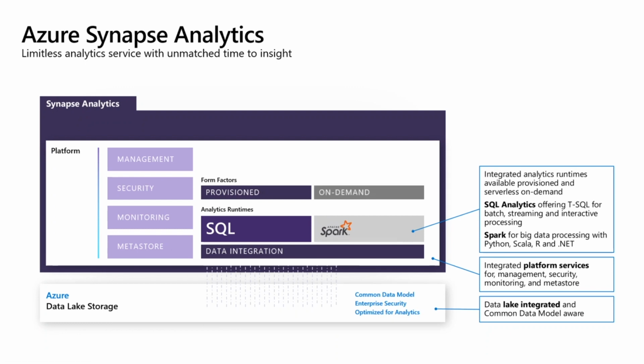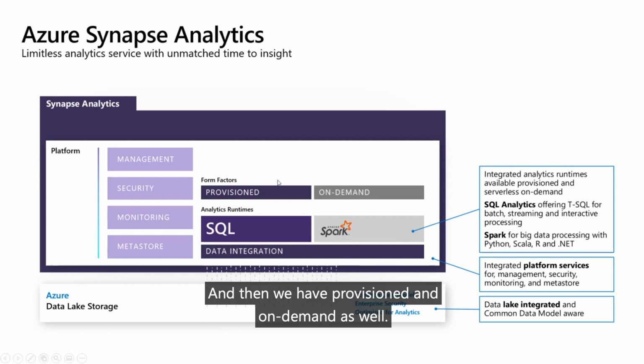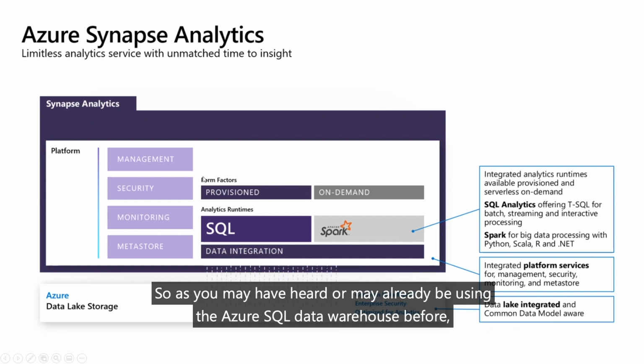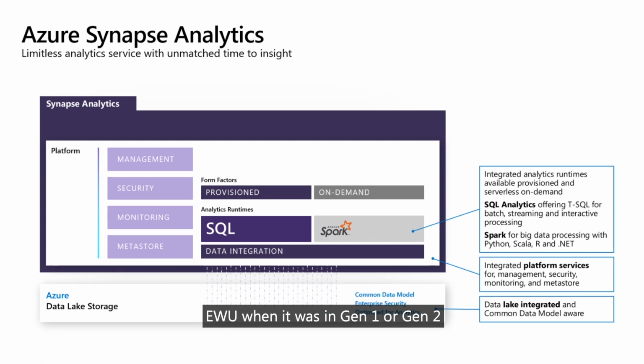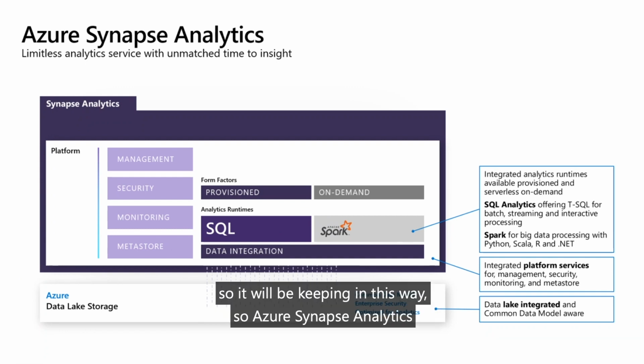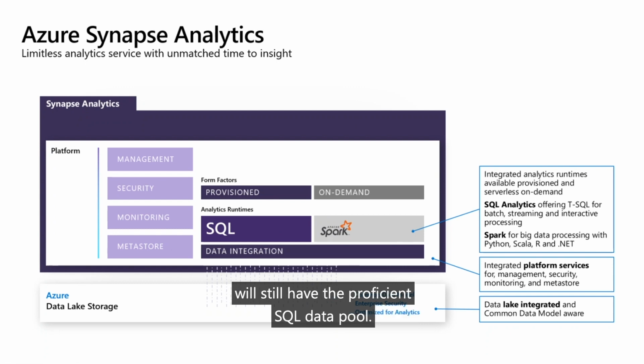And then we have provisioned and on-demand for both of them. As you may have heard, or may already be using Azure SQL Data Warehouse, it's all provisioned. You may have heard of DWU in Gen 1 or Gen 2, and it will keep working this way. So Azure Synapse Analytics will still have the provisioned SQL data pool.